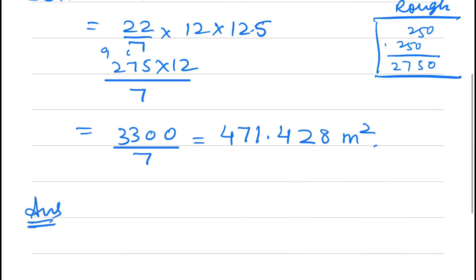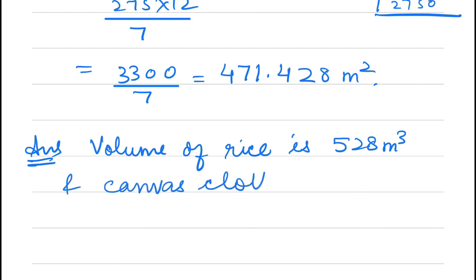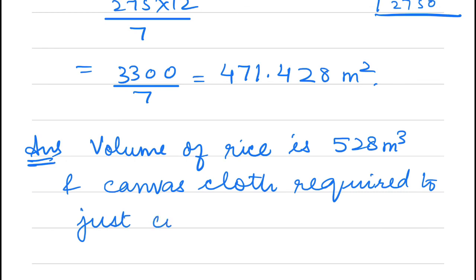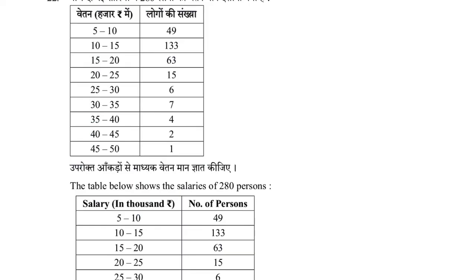So answer: volume of rice is 528 meter cube and canvas cloth required to just cover the heap would be 471.428 meter square.